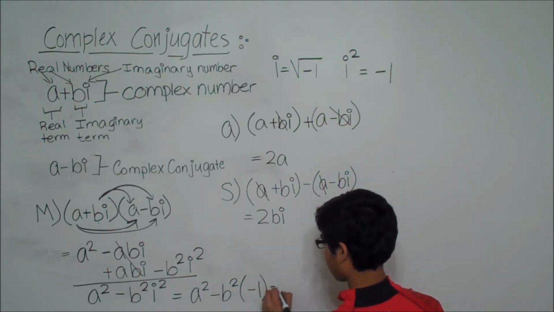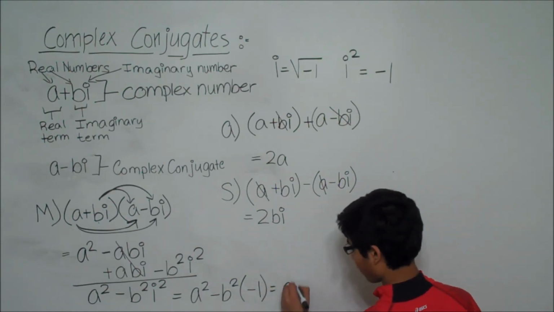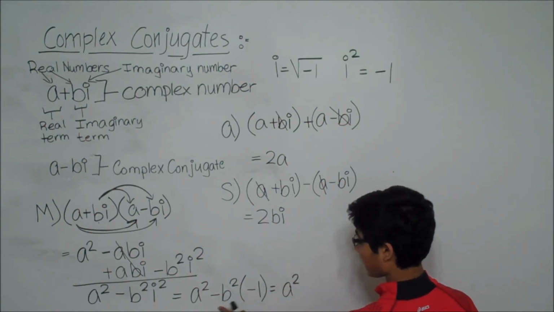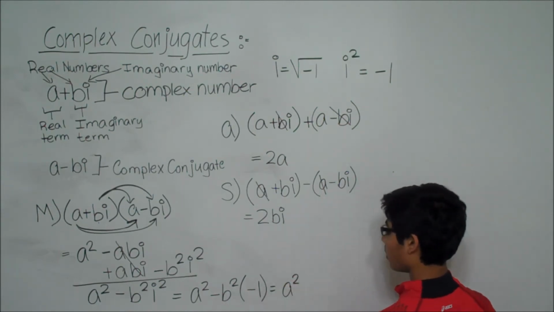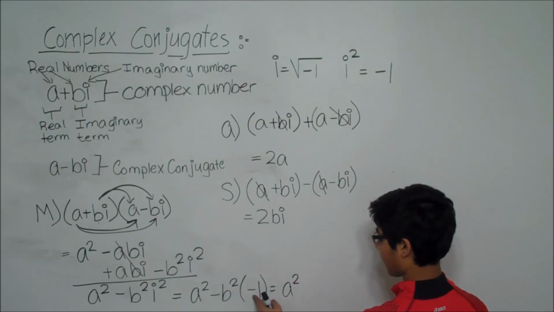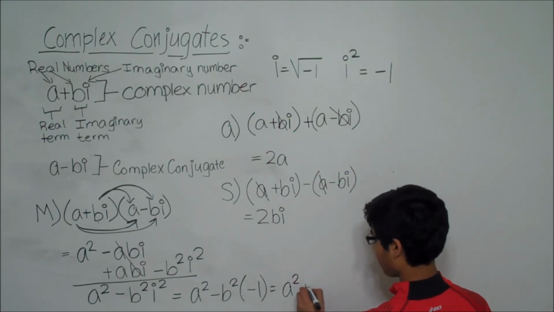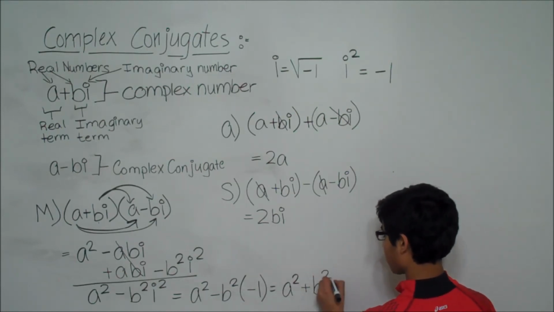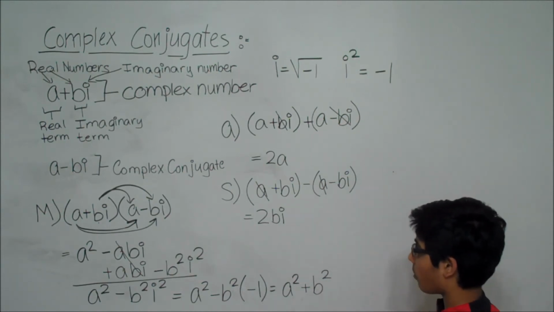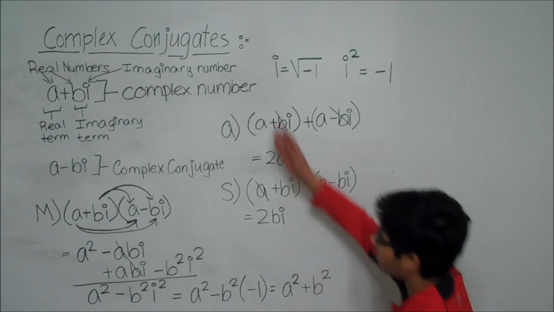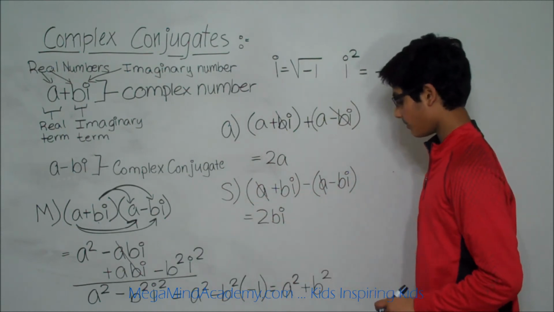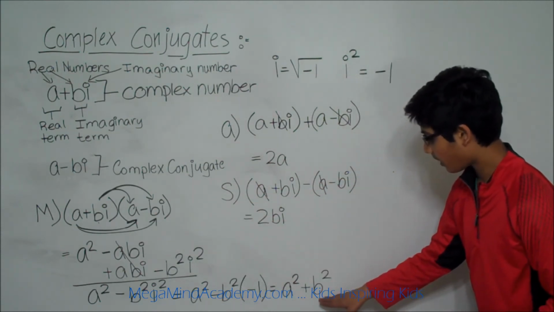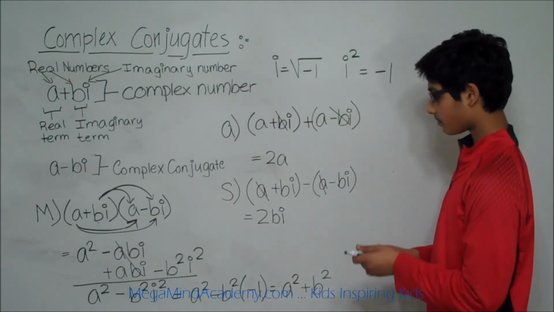And so this is equal to a squared, and we have negative b squared times negative 1, which, because negative times negative is positive, gives positive b squared. So when we multiply a complex number with a complex conjugate, we get a squared plus b squared.